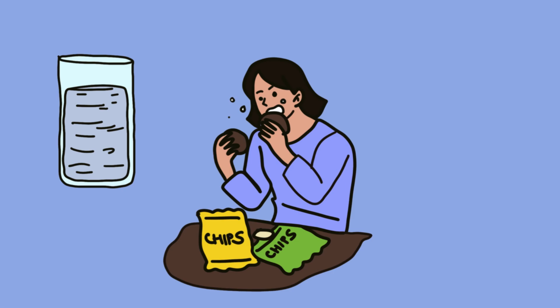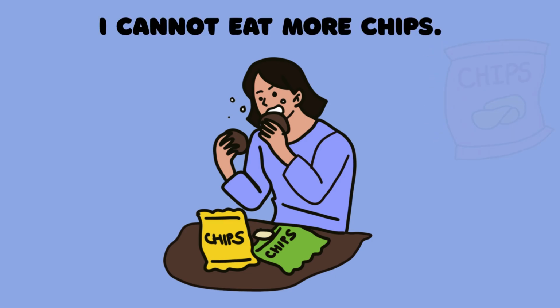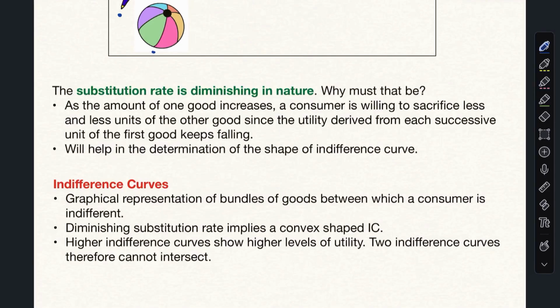But as you keep on trading your glasses of water for more and more packets of chips, after a point you feel sick of eating more chips. Thus, you can say that the utility that you derive from each successive unit of a packet of chips that you consume keeps declining. This is what causes the declining rate of substitution, and this is what will help us determine the shape of the IC.